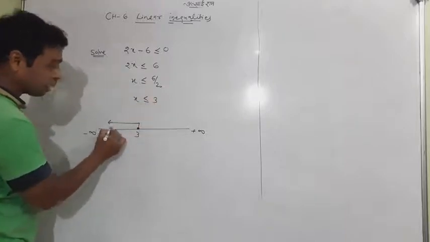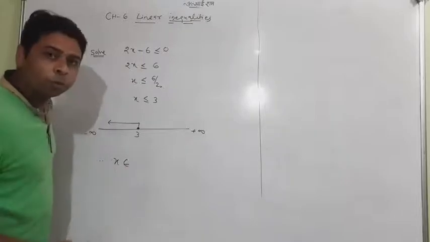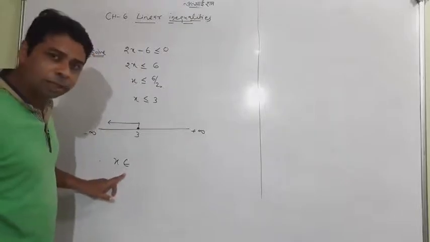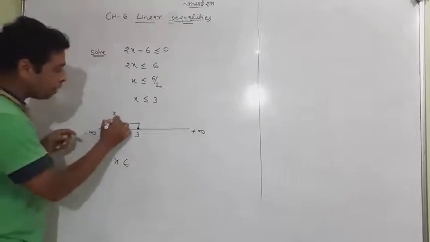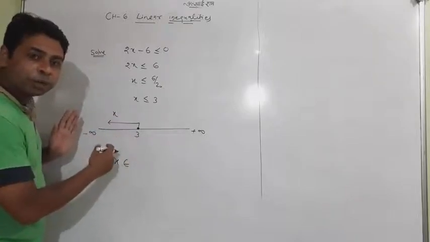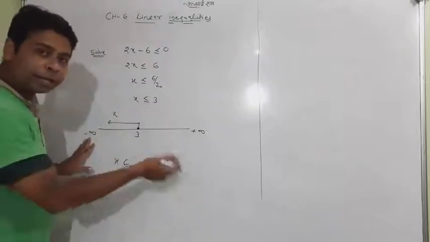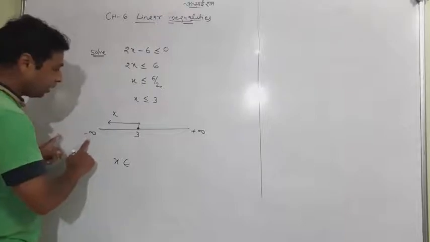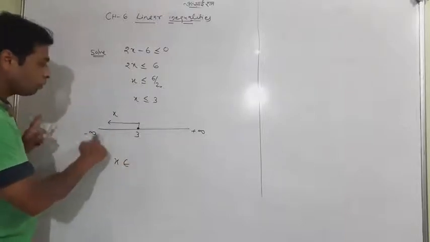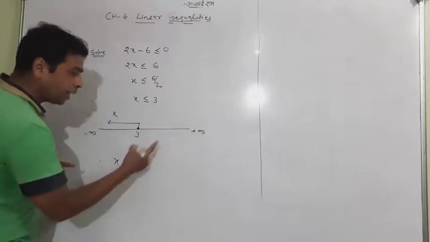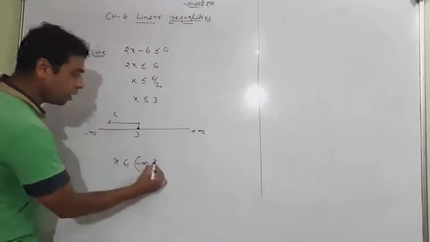So you will write x belongs to, you're familiar with the symbol, minus infinite to 3, meaning x may be any value from minus infinite to 3. While writing the interval, always write left to right, meaning minus infinite to 3. Don't write 3 to minus infinite, it's wrong.